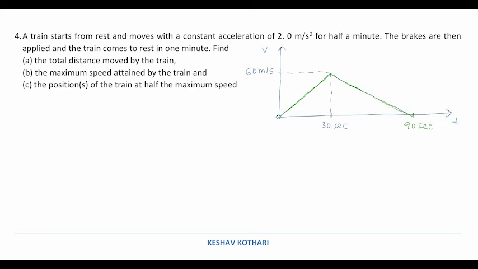From the graph, I can say that the total distance covered can be calculated by calculating the area under the graph, because the velocity time graph is not on the negative side. So the distance and displacement are going to be the same. So we write it as half base into height for the triangular area. And on solving this, we obtain 90 into 60 divided by 2, which is equal to 2700 meter.